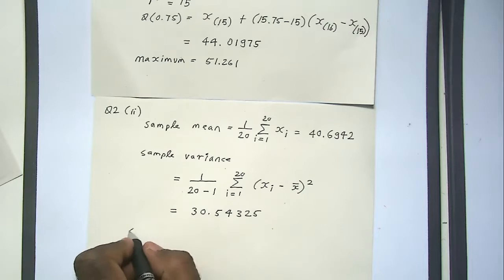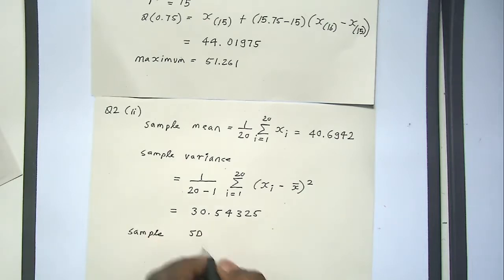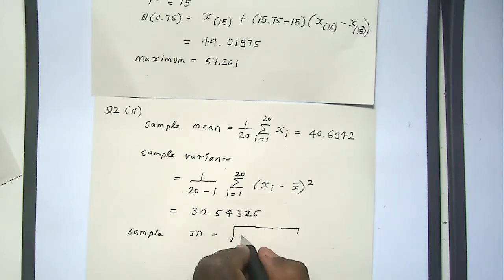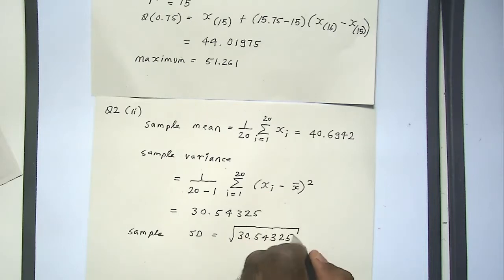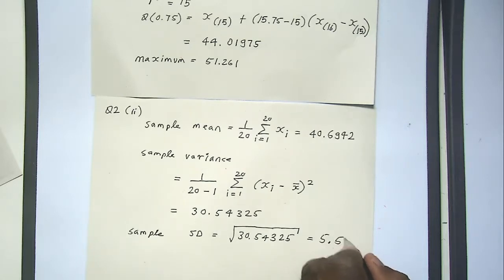And the sample SD, the standard deviation, is simply the square root of this number, which will be .527. Are you with me? Okay, that's part 2.